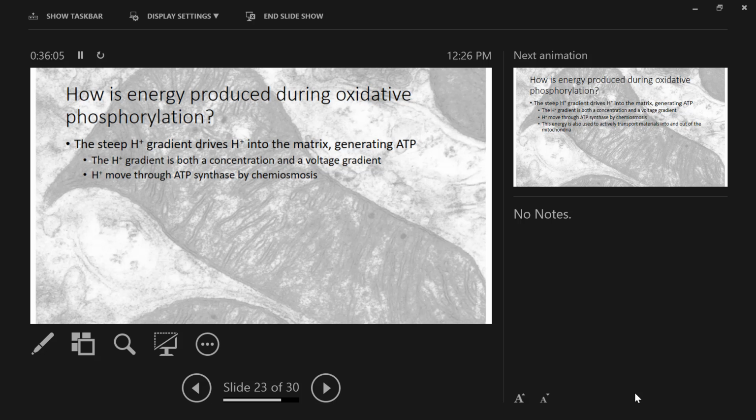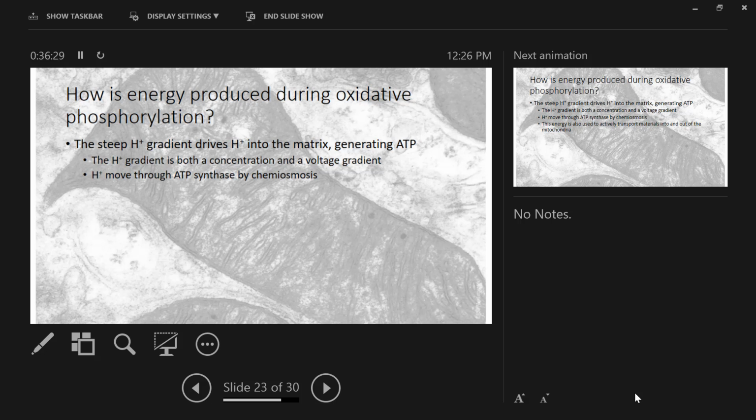And there's only one place where they can go through. Charged ions cannot move through a lipid bilayer. We talked about this. Polar molecules can, but not very quickly and efficiently. The only place where hydrogen ions can move through is a complex called ATP synthase.